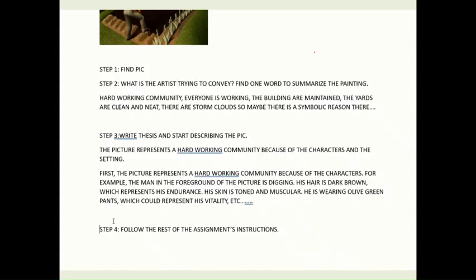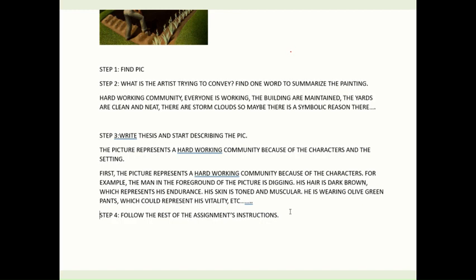Okay. So notice how, again, I'm telling you where he is. I'm not just randomly describing him. I'm telling you this is where he is. He is in the foreground of the picture. He's digging. I want to start my description from the top to the bottom. His hair is dark brown, which represents his endurance.